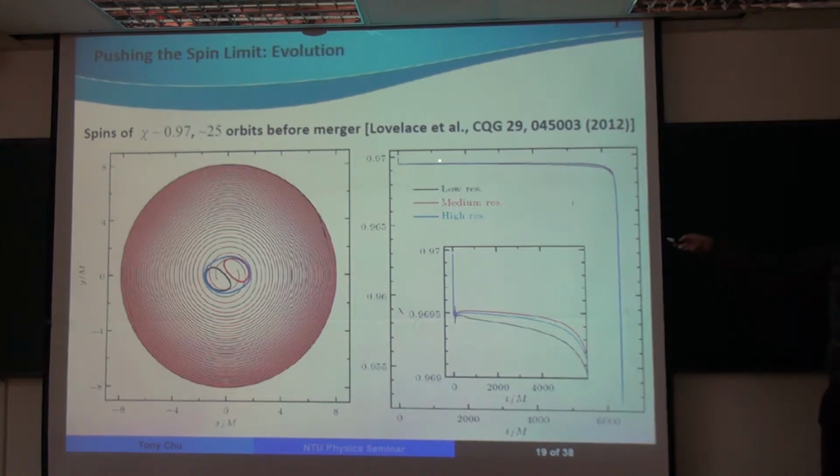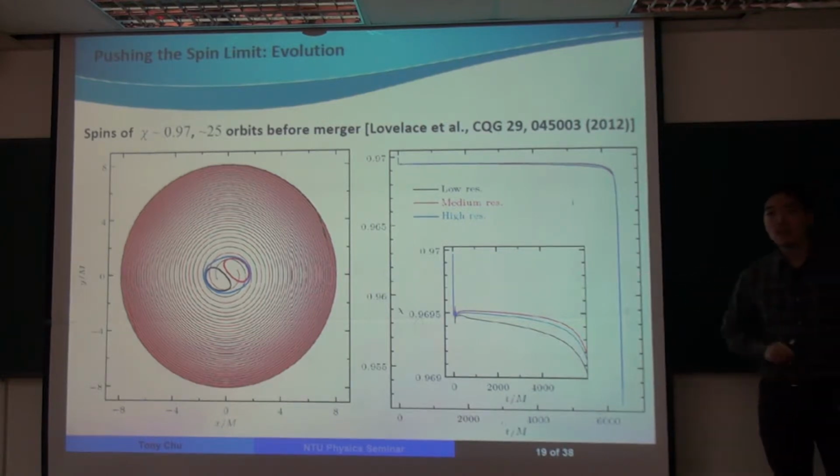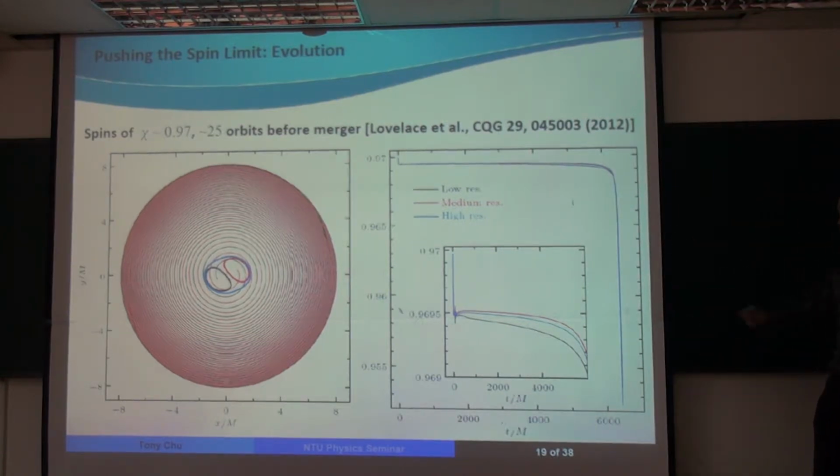So if we look at the inset, initially at time 0, the black hole spin starts close to 0.97, but the black holes are still not perfect, so the spins will relax. It drops down to this value, but the change now is only in the 4th decimal place, and not 0.93. So this has proven to be quite useful.